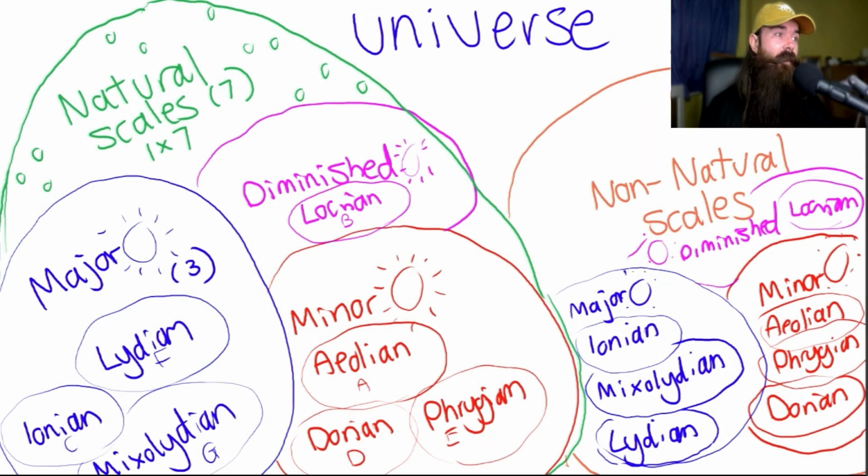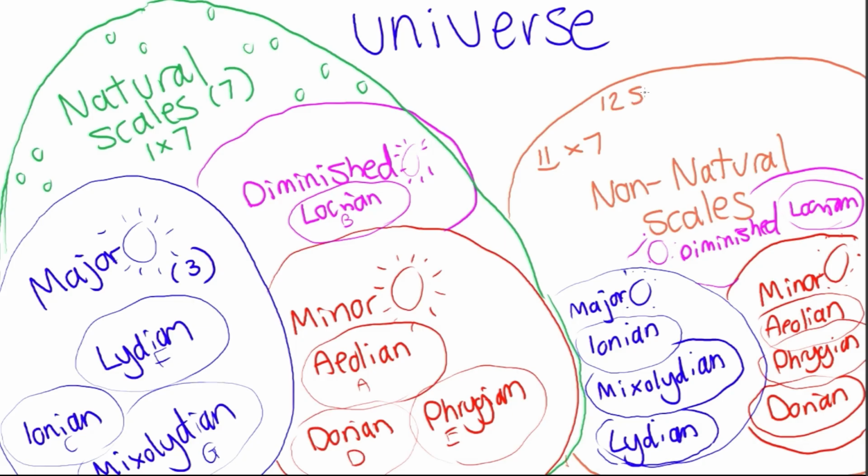What I'm not going to do is draw however many planets there actually are in these solar systems, but think of it like this. We've got something times 7, because there are 7 modes. There are 11 times 7 in this case, because there are 12 semitones in the chromatic scale, and we're taking away 1, because for every single scale, we're going to take away the natural in terms of the modes.